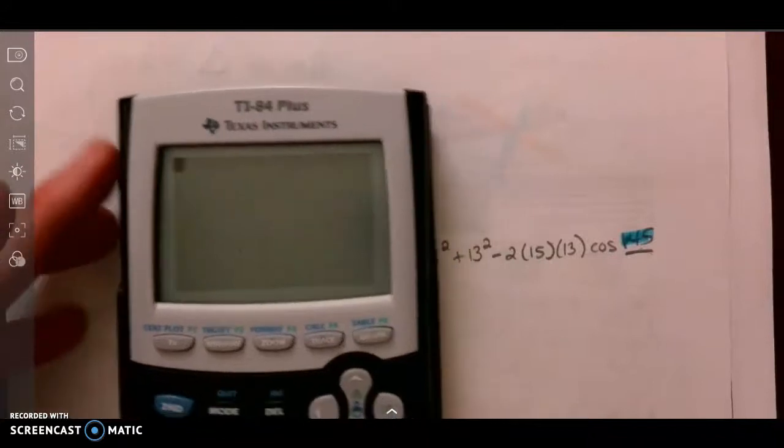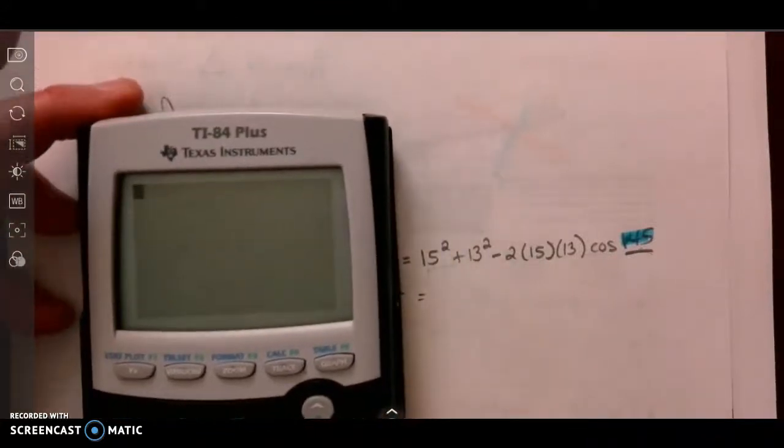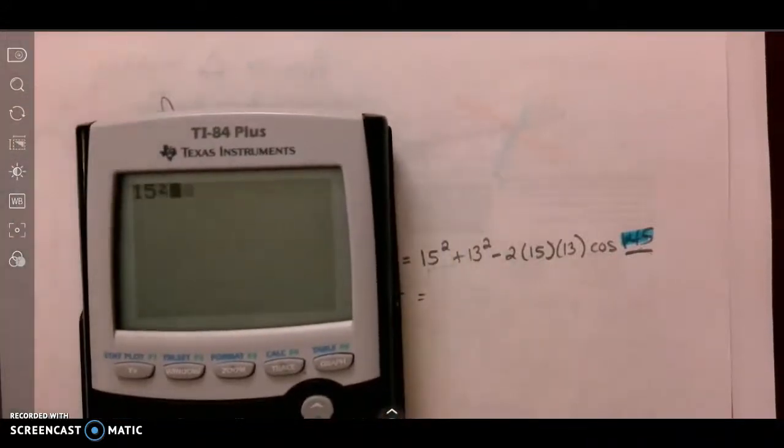So here, I'll clear here. Right? 15 squared plus 13 squared. And the calculator knows order of operations. Minus 2 times 15 times 13 times the cosine of 145.